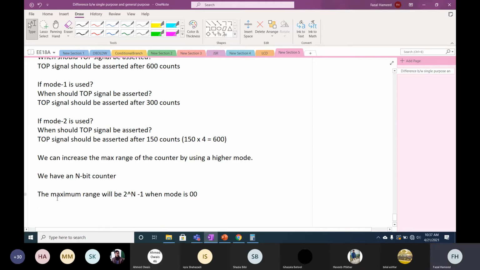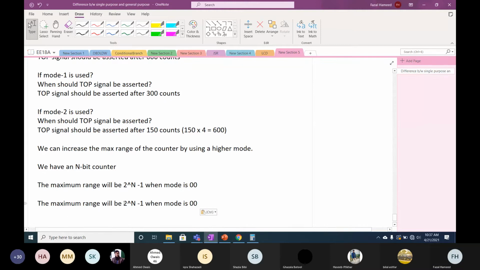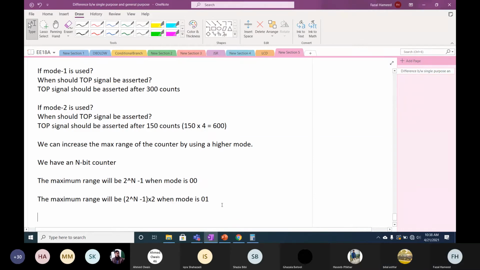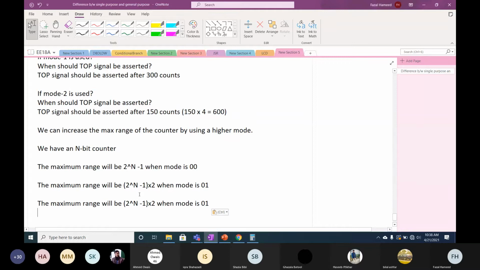when the mode is 1, what is the maximum range? 2 raised to power n minus 1 multiplied by 2 when the mode is 0 1. And what will be the maximum range?